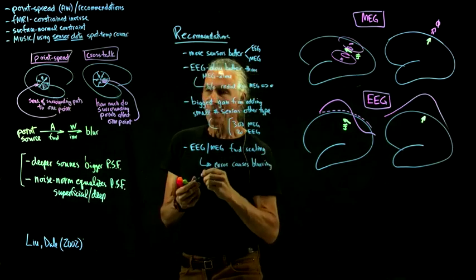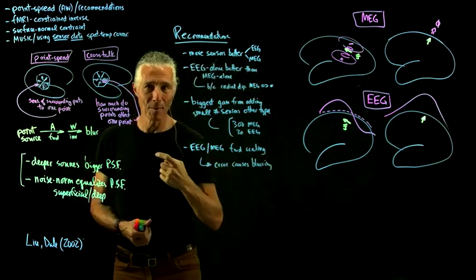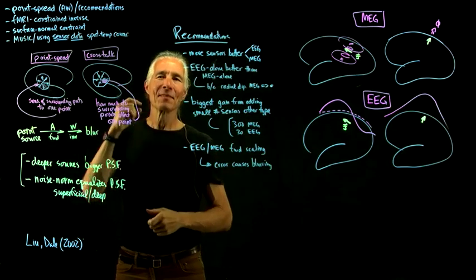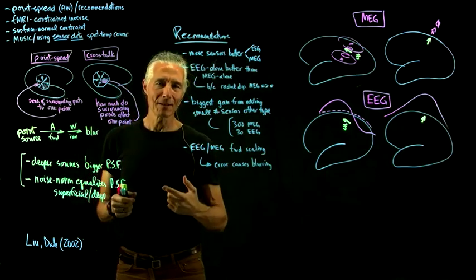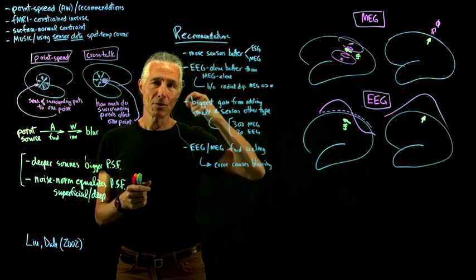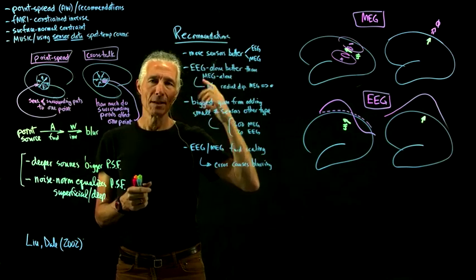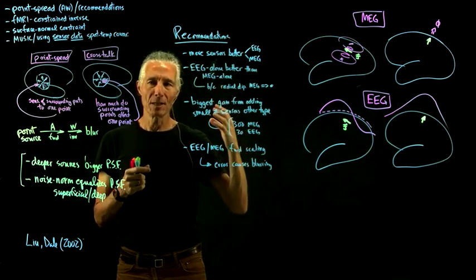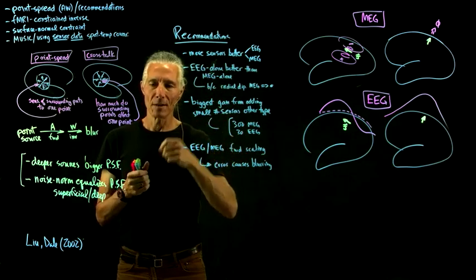Now there's ways to fix this. You could insert a dipole. For instance, if somebody has an electrode in their head, you could turn on some current through that electrode, and then measure the EEG and measure the MEG induced by that little current dipole. How would you do that?